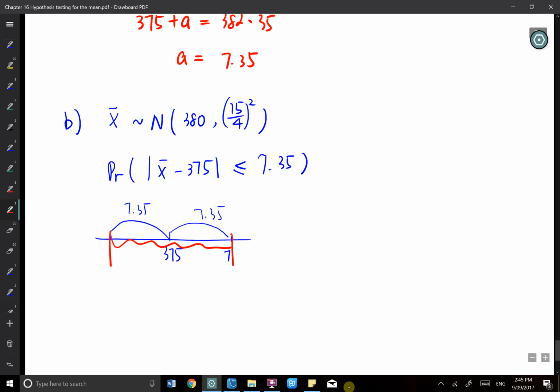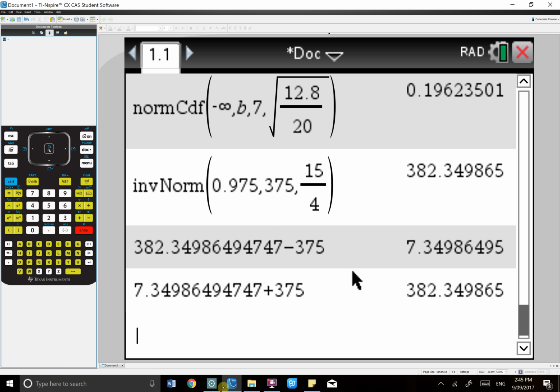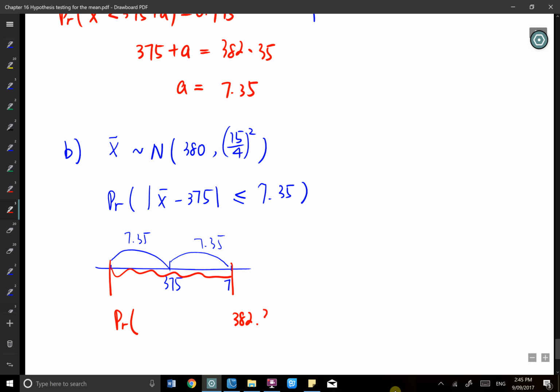So basically I'm looking for the probability. This value 375 plus 7.35, that's 382.35, less than X bar, less than. What's the lower bound?